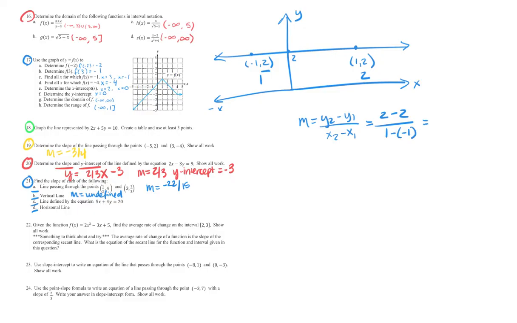So now we have 0 over 2, which equals 0. So for this horizontal line, we get 0. So let's try it out on another horizontal line. Let's say we have something at y equals 3. So now let's choose 1, 3, and we'll use negative 1, 3.